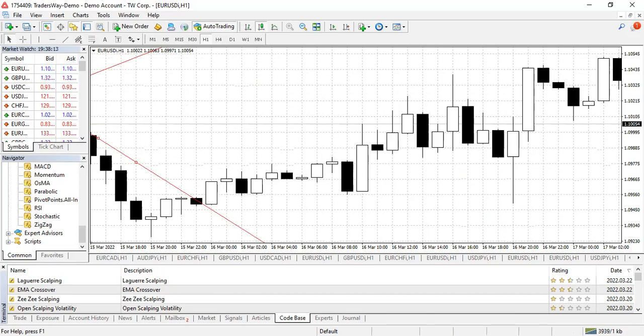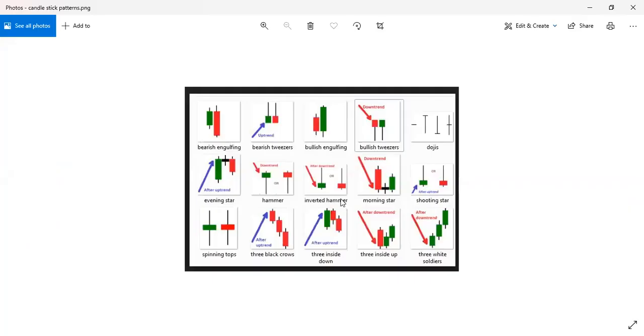Let's look at tweezer bottom. Let me show you the engulfing. So can you see? This is the bearish engulfing, and this is the bullish engulfing.